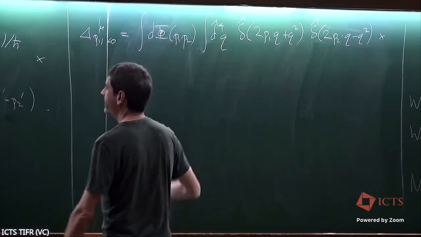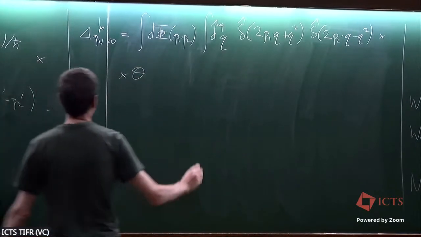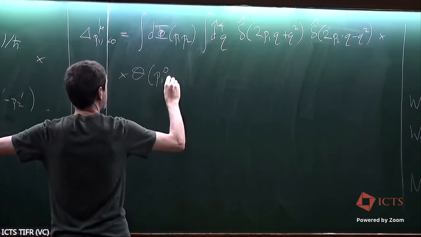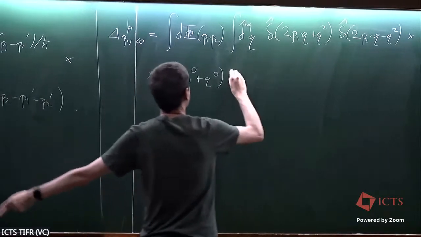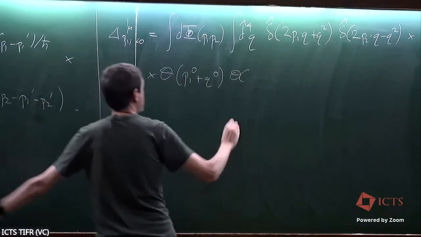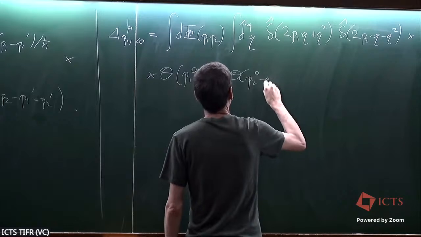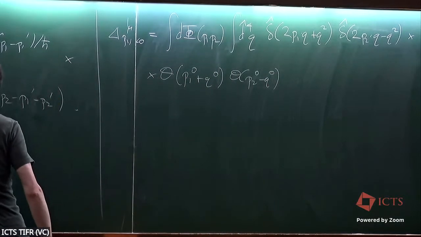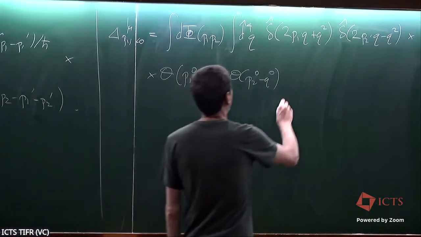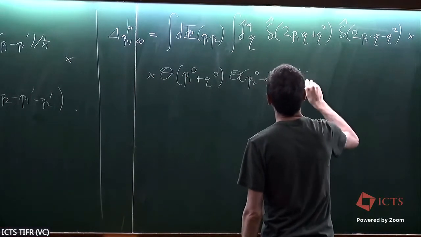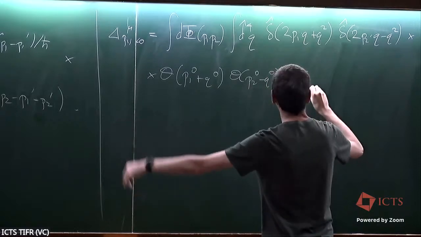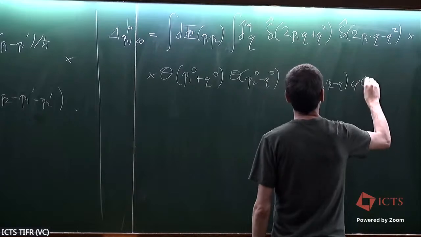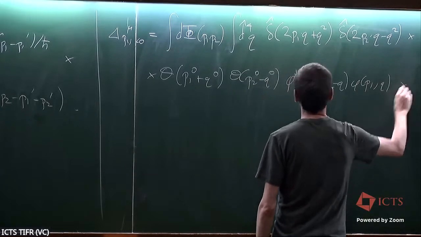Now there's the theta functions for positive energy. So there'll be a theta function saying that P1 0 plus Q 0 is positive, and a theta function saying that P2 0 minus Q 0 is positive. Okay, so that's all of these measures. There's the wave packets, phi star of P1 plus Q, P2 minus Q, times a phi of P1, P2.